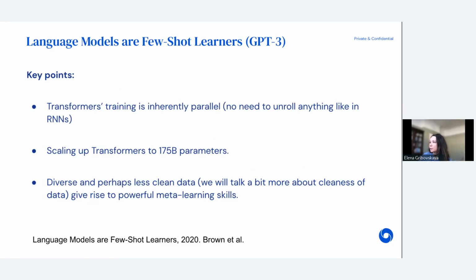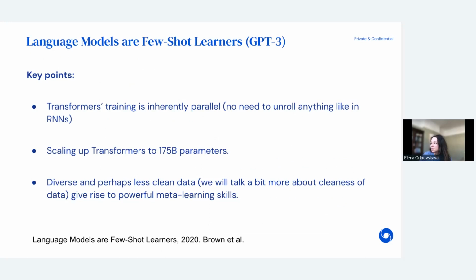So the key points about GPT-3, one relates to transformer architecture. As Angeliki explained, transformers can be much better parallelized than previous architectures like RNN or LSTM. And this allows us to scale them up in terms of number of parameters.